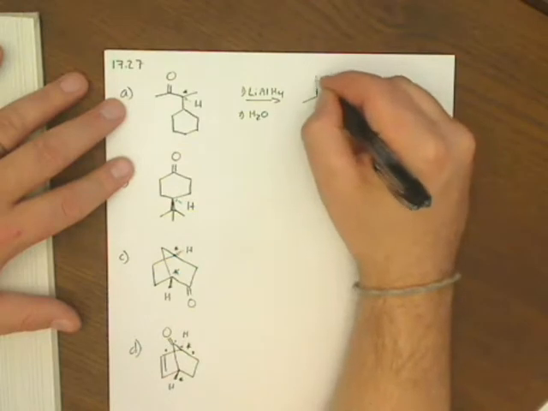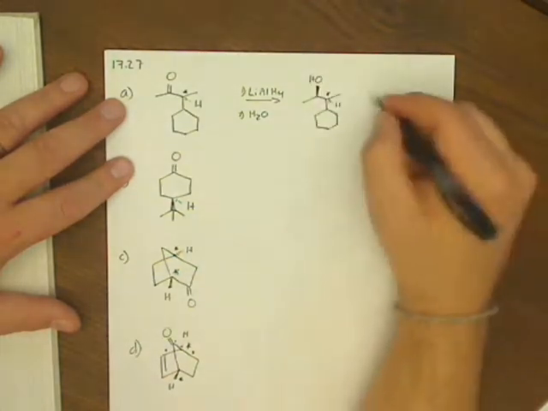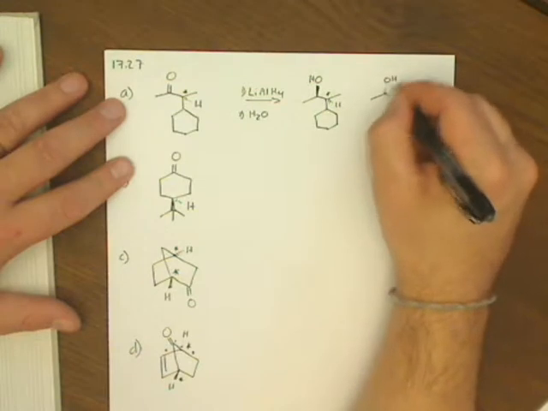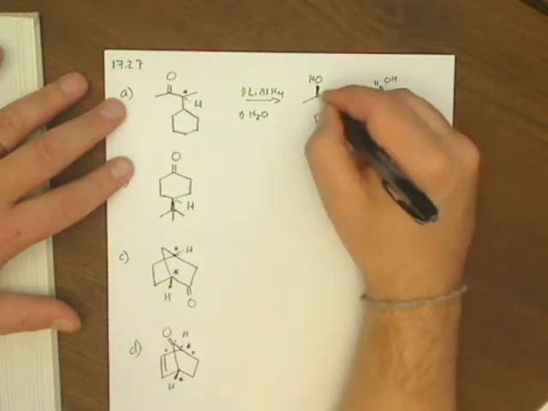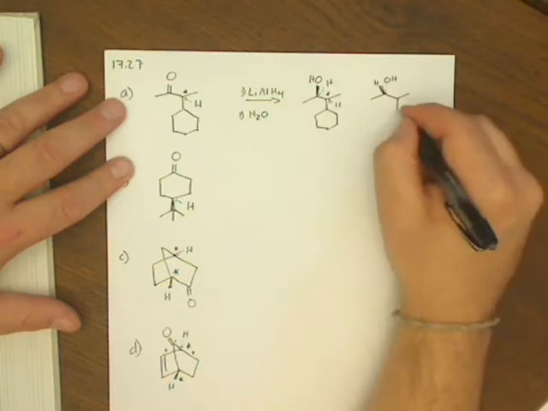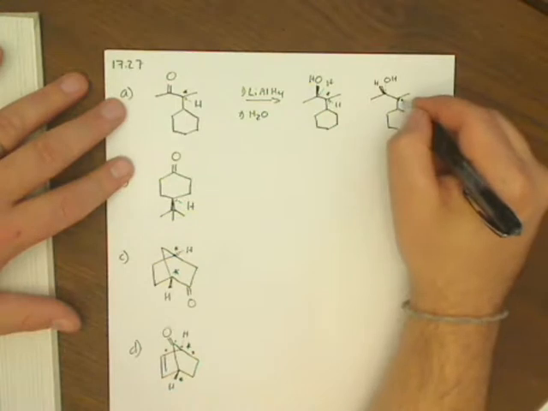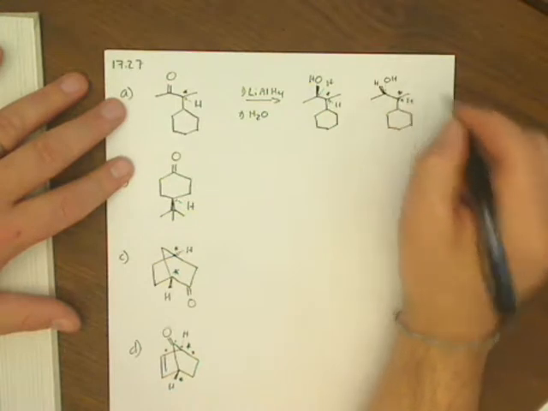One of them is going to have the new alcohol coming out, and the other will have the new alcohol going in. We can draw our H like that. These molecules are diastereoisomers of one another.